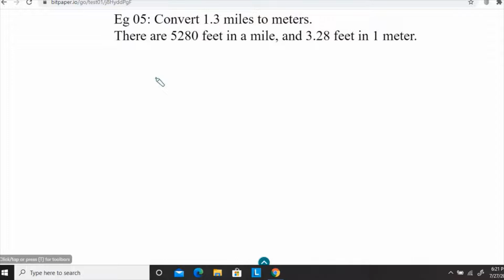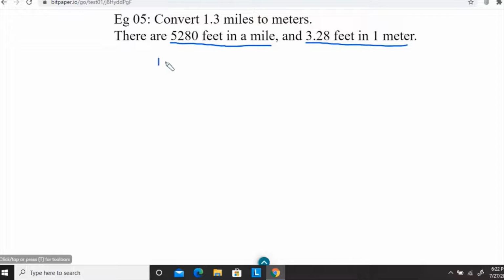So here we have to convert 1.3 miles to meters and we are given that 5,280 feet is equal to 1 mile and then 3.28 feet is 1 meter. So we have to use this information in order to make the conversion. I'll use these two pieces of information to come up with the conversion factors.